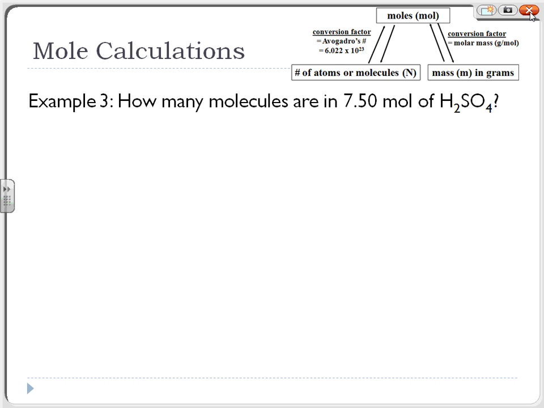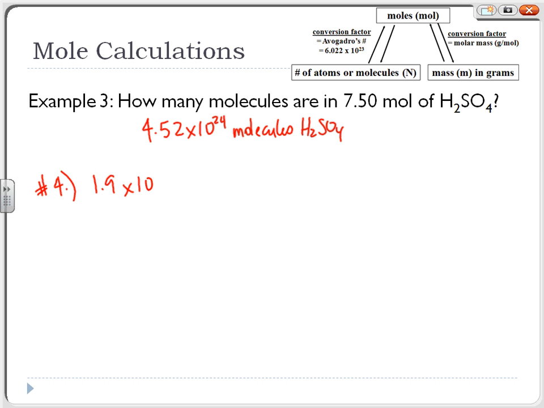Your final answer for this one should end up being 4.52 times 10 to the 24 molecules of H2SO4. If you want to do example number 4, here's the answer. It should be 1.9 times 10 to the 24 molecules.